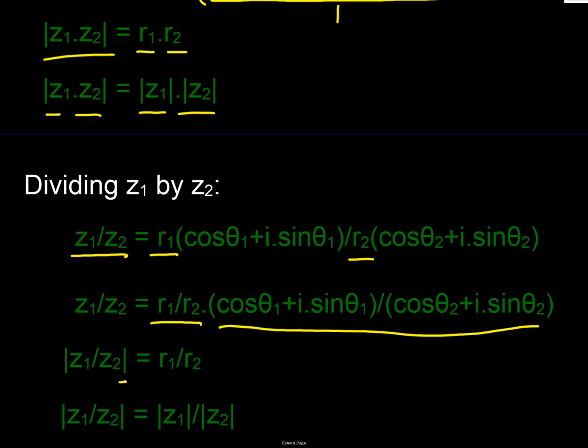So we know that the magnitude of Z1 divided by Z2 is just R1 over R2, because everything over here is just unit 1. So the modulus of Z1 divided by Z2 is the modulus of Z1 divided by the modulus of Z2.